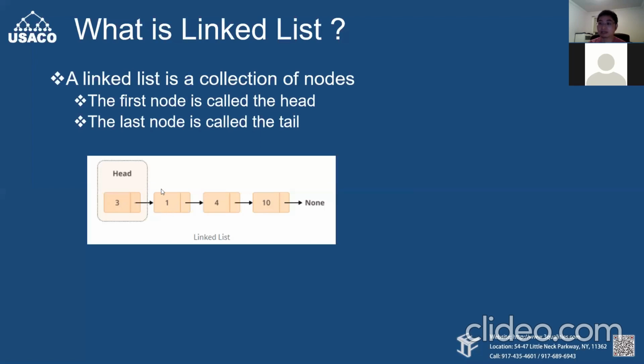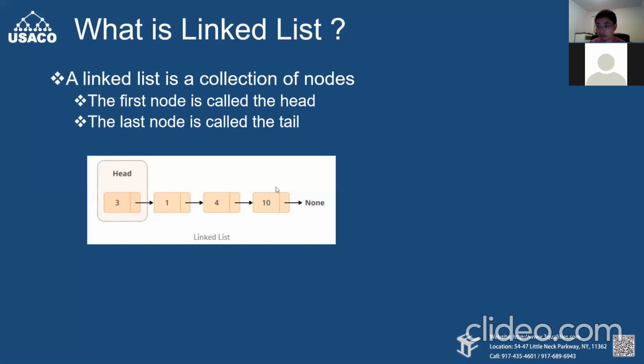The second node's next reference is pointing to the third node, whose value is 4. The next reference of the third node is pointing to the fourth node, whose value is 10.